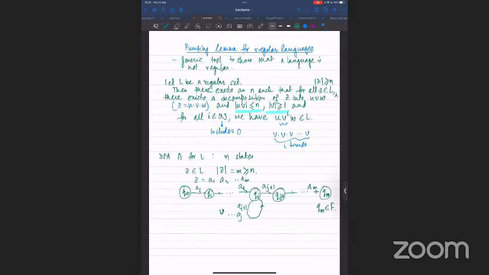So if you consider such a DFA, then you can pump the string arbitrarily many times.